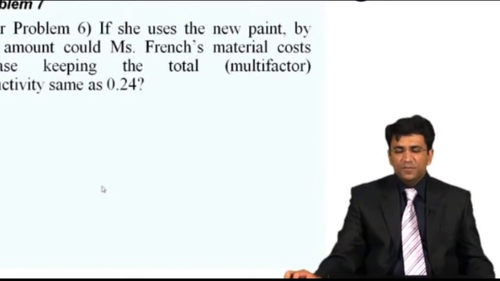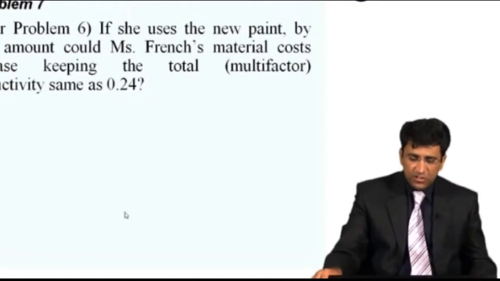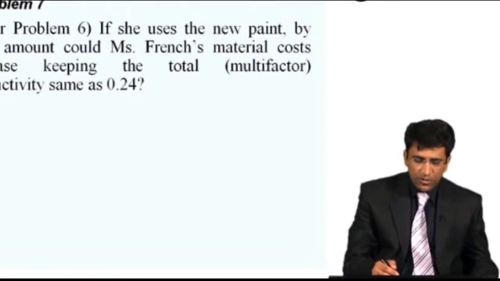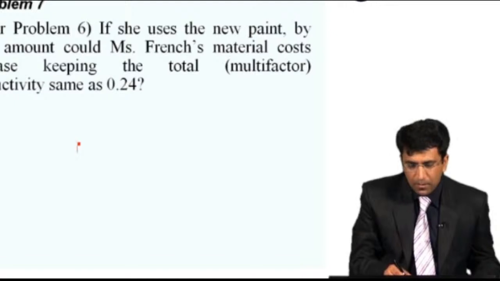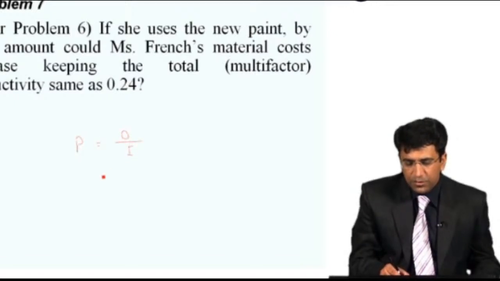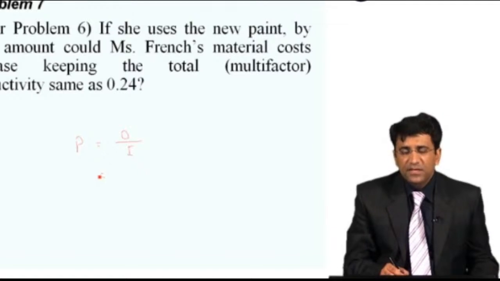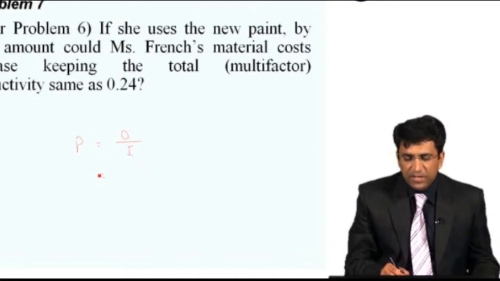Now students, what we can do, as you know that productivity is equal to output over input. Now it is being said in this particular example that output should remain same.